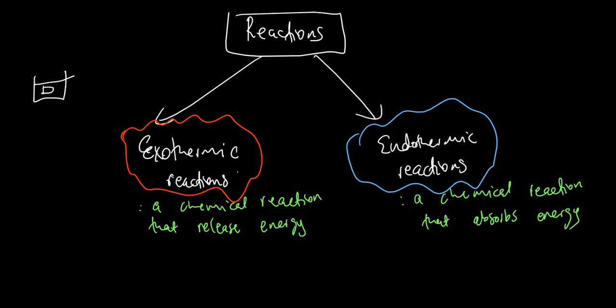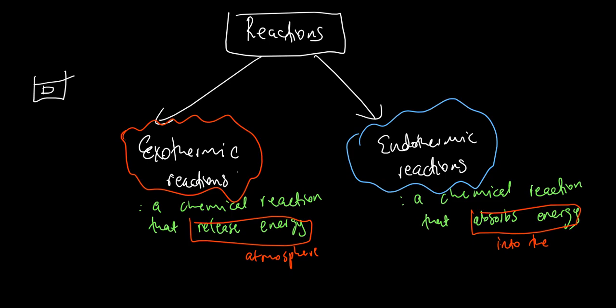The reason why this feels hot is because it's releasing energy into the atmosphere, whereas this one will feel cold because it's absorbing energy into the bonds inside the compound or the molecule.